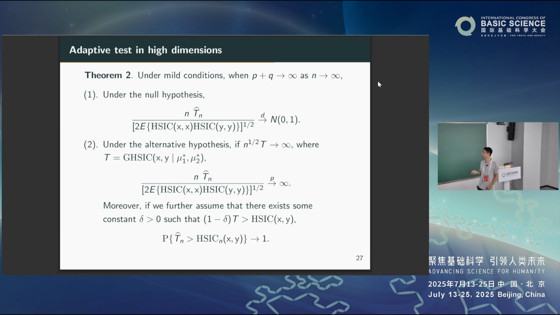So we investigate whether this assumption of inequality is mild in practice.